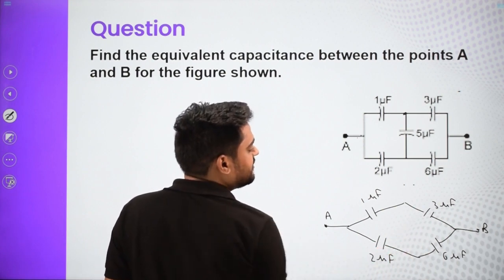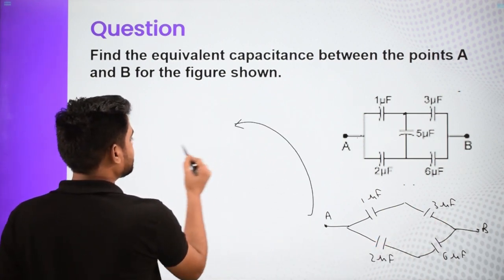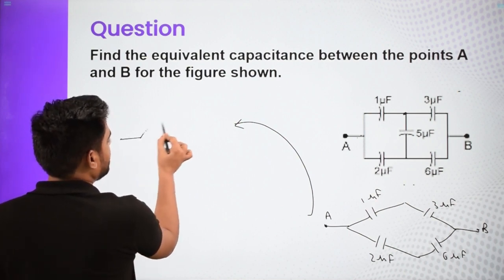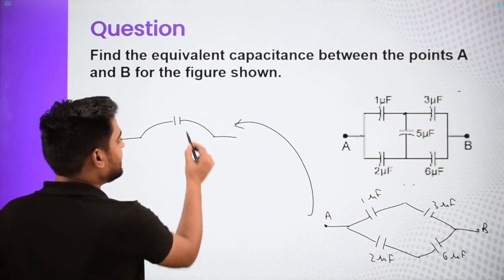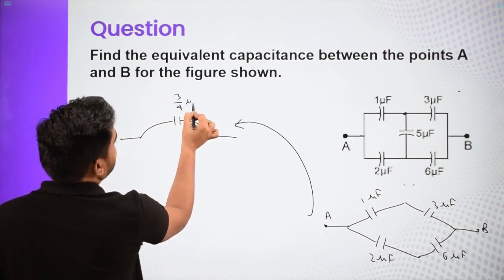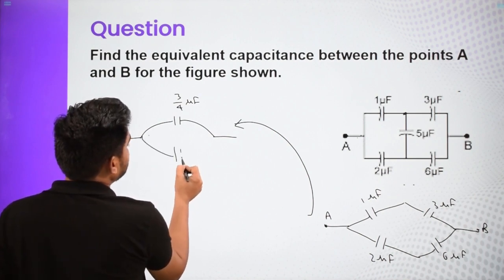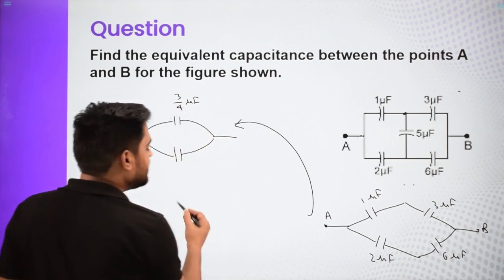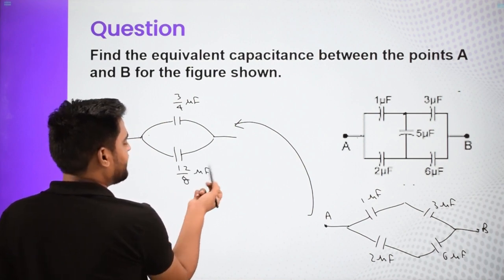So I just remove that branch and I will say this 1 and 3, the entire branch above, these two are in series. So they are basically 3 divided by 4 microfarad. Again, these two are in series. So this is basically 12 divided by 8 microfarad, which is 6 by 4 microfarad.